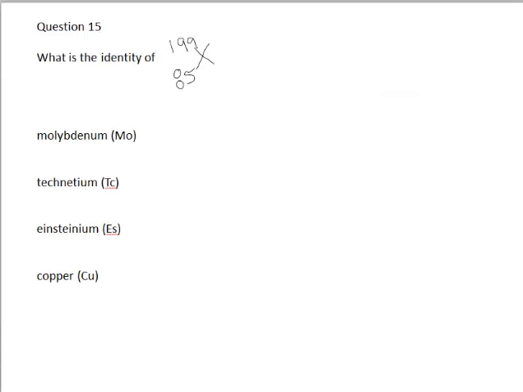Okay, I couldn't get the actual symbol here to transfer, so I sketched it in. And what is the identity of this species right here? And again, by the way it's drawn, we're talking about isotopic notation, so consisting of 2 parts, the mass number, which tells us very little, but the atomic number tells us the number of protons, and that tells us what the identity of the species is.